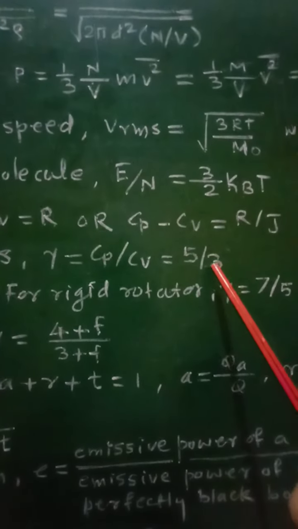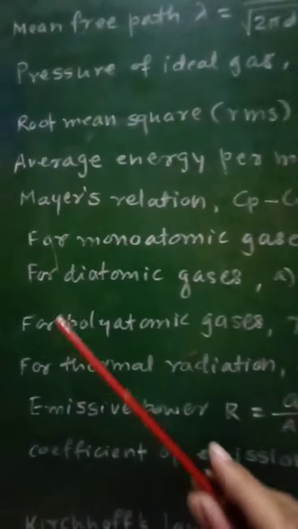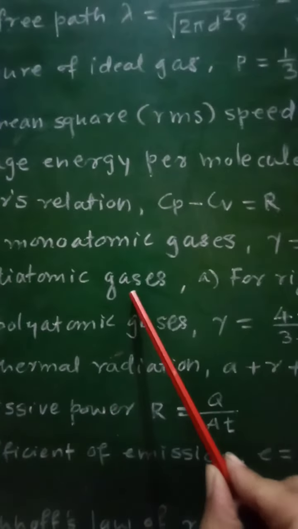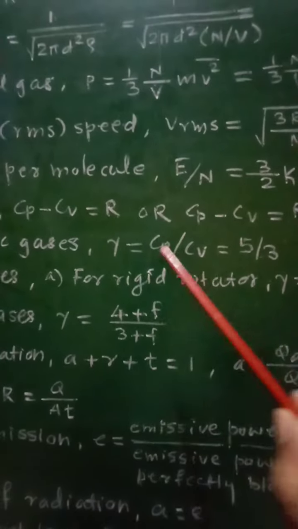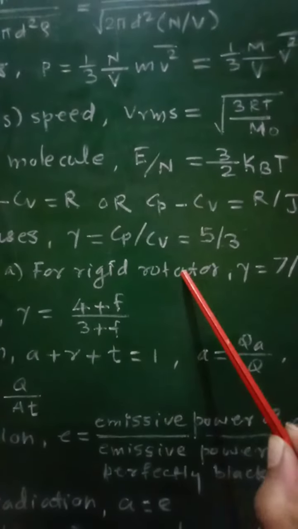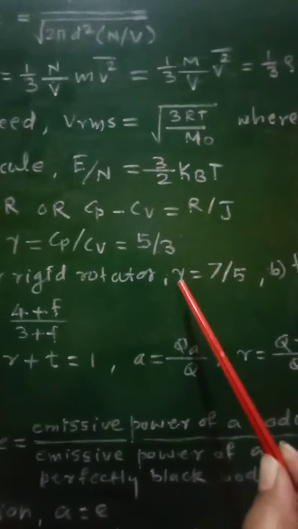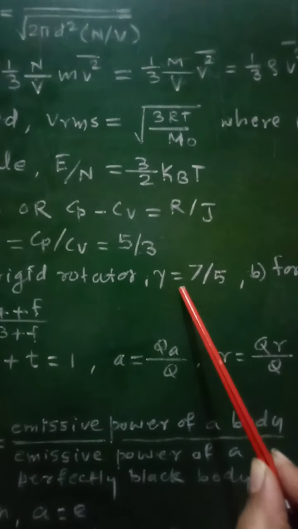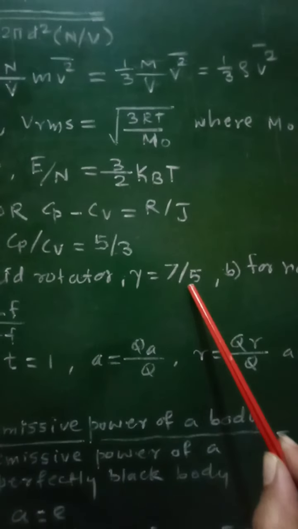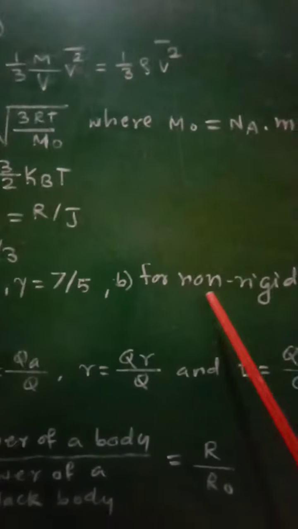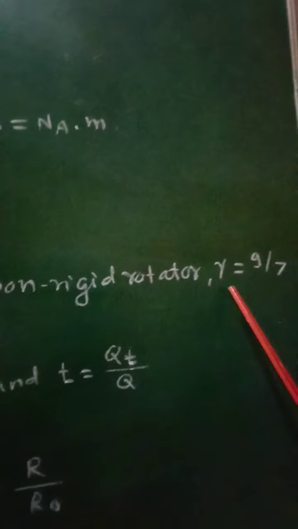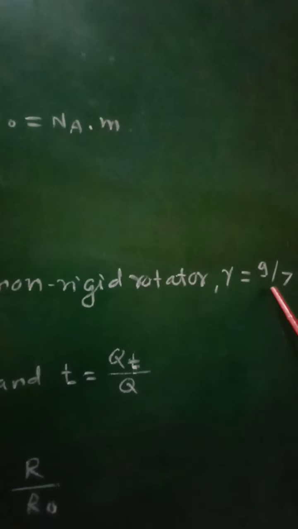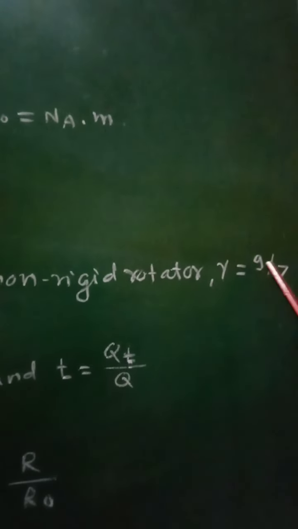Then for diatomic gases, if these diatomic gases are considered as rigid rotator, then gamma, that is Cp by Cv, equal to 7 by 5, and for non-rigid rotator, gamma equal to 9 by 7.